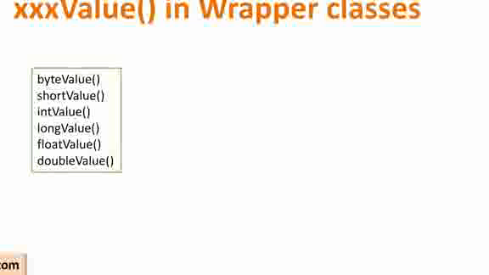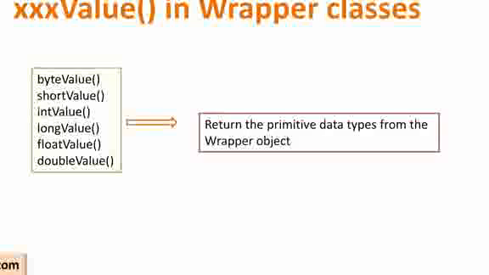The next methods are byteValue, shortValue, or intValue. The respective wrapper class has its own type. This method returns the primitive data types from the wrapper objects.